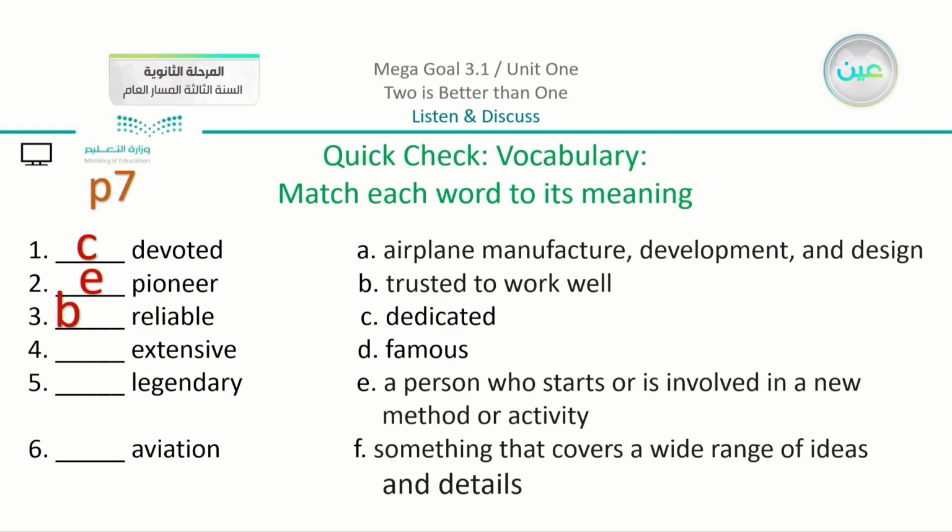It can be used for a person or a thing. Extensive. As we mentioned, something that covers a wide range of ideas and details. Legendary, which means famous. Aviation, of course, is related to airplane manufacture, development, and design.